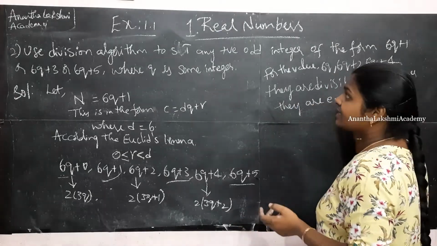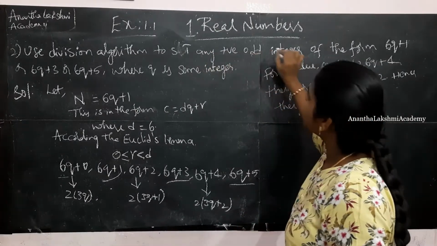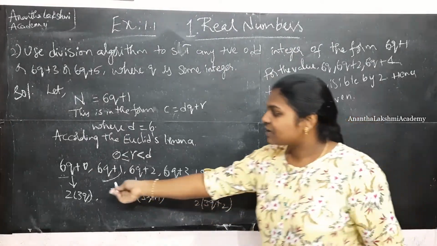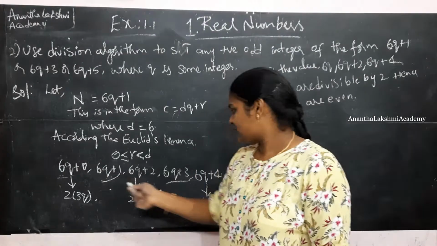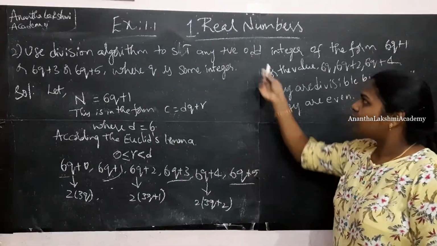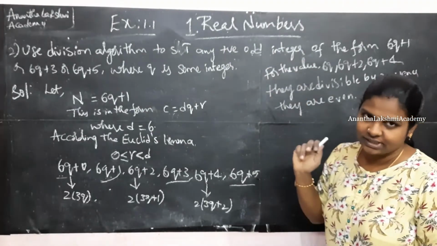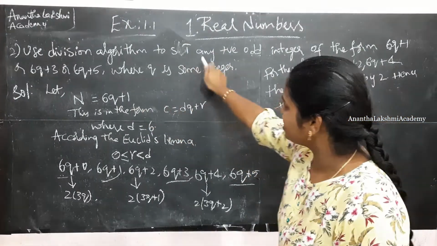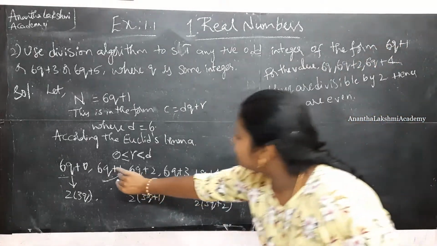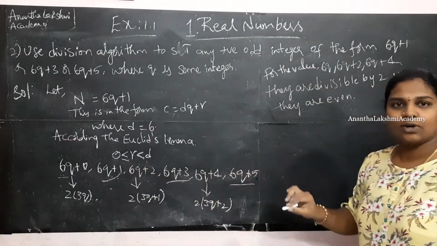So what are they asking us? They are asking us for odd integers. So what are the odd integers which are not even, which are remaining? Hence 6q plus 1, 6q plus 3, 6q plus 5 are nothing but the positive odd integers. Is that what they are asking us? Yes, to show that any positive odd integer is of the form 6q plus 1, 6q plus 3 and 6q plus 5.